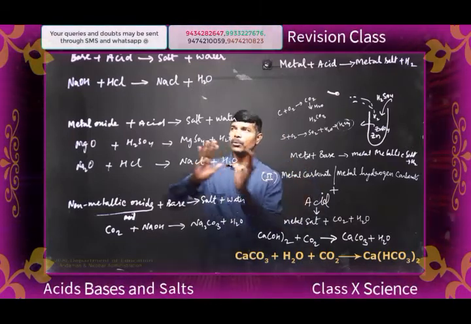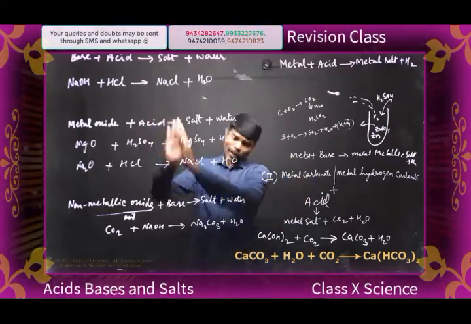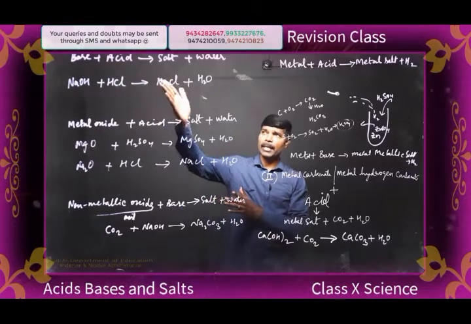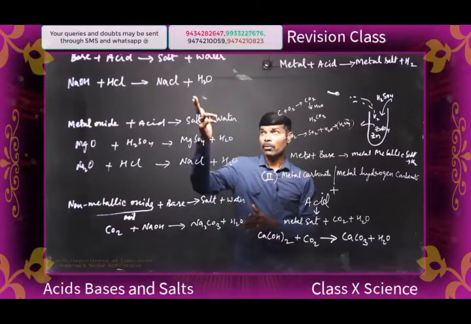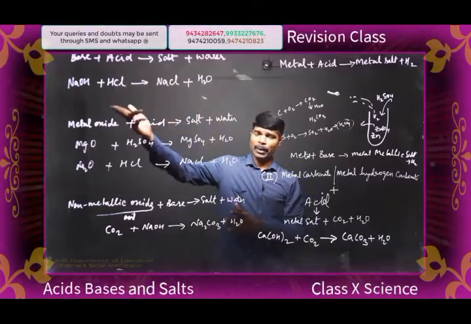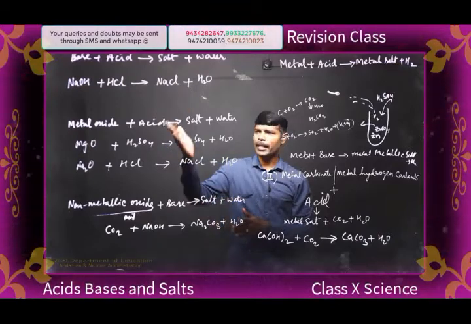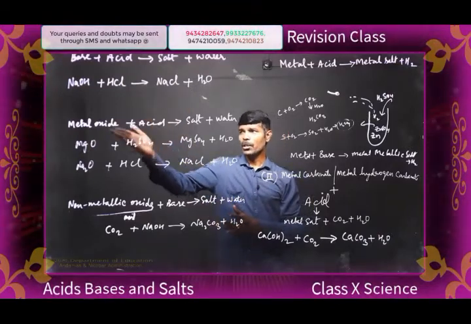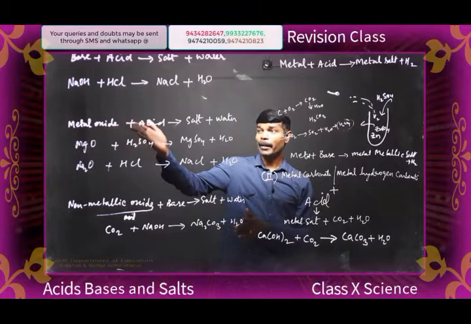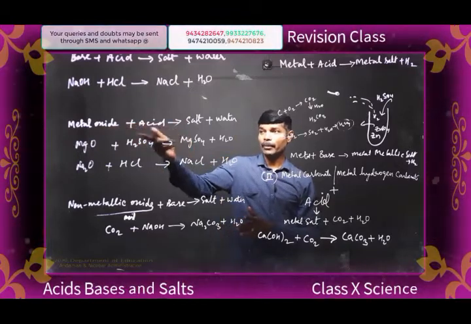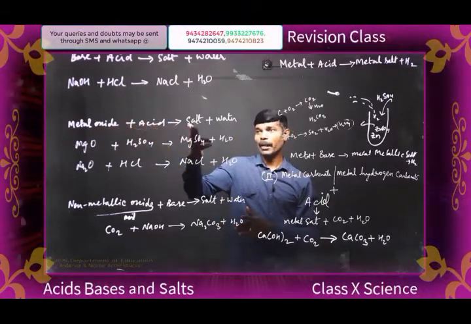And after that, you should know about the neutralization reaction, that is when base reacts with acid, we are getting salt and water. One of the examples, you can take many other examples to understand this, and based on this you have to understand about the metal oxide and acid, what happens when they react together, we get salt and water.